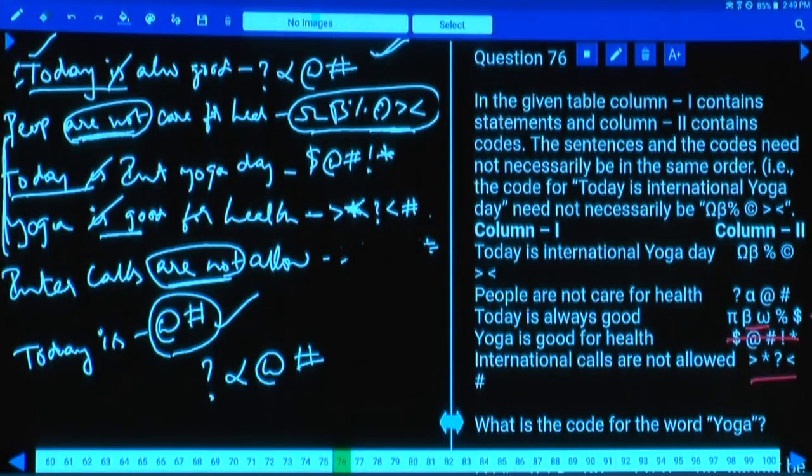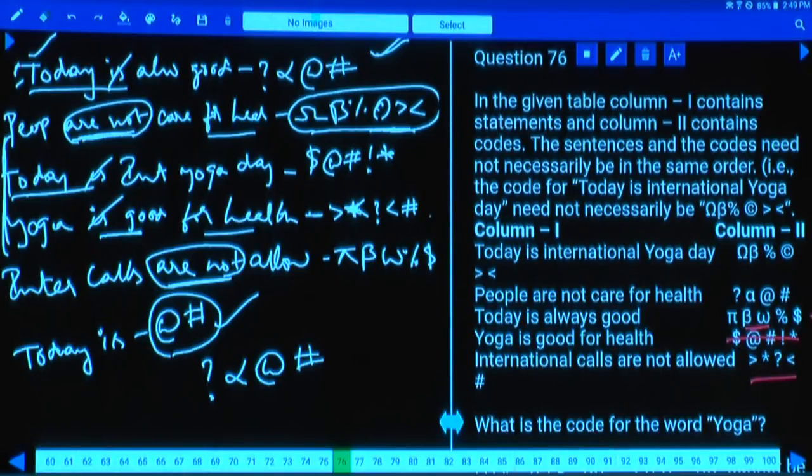For and health are the words which are common. Here also for and health are the words which are common. Then what is the element which is left over here? Pi, beta, next one W, percentage and dollar.